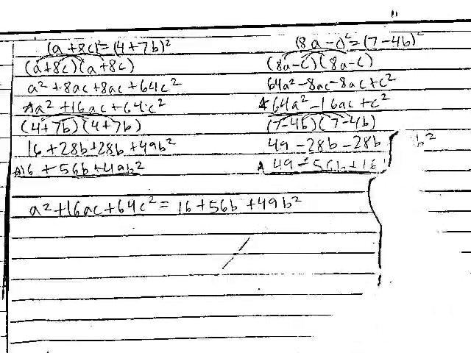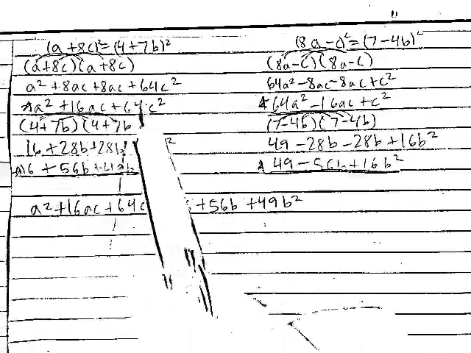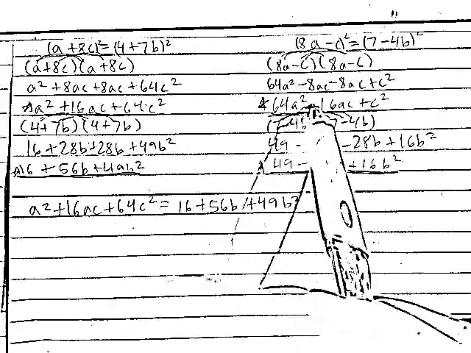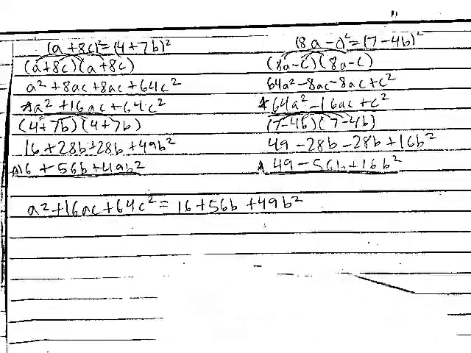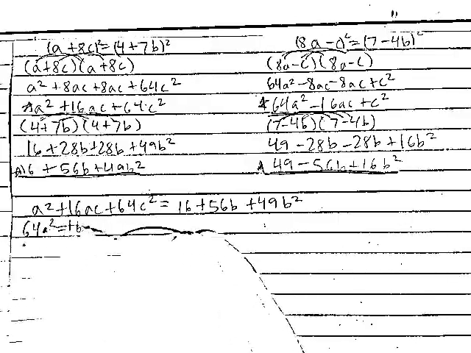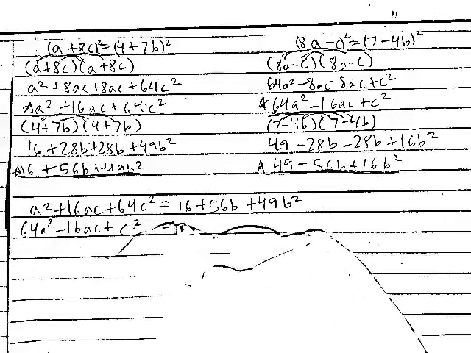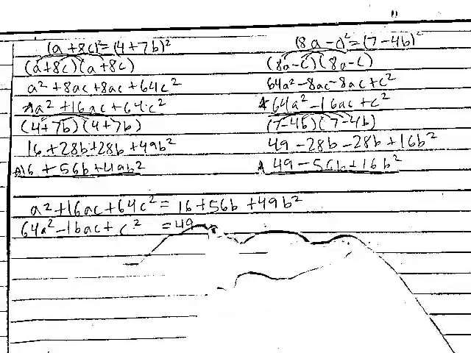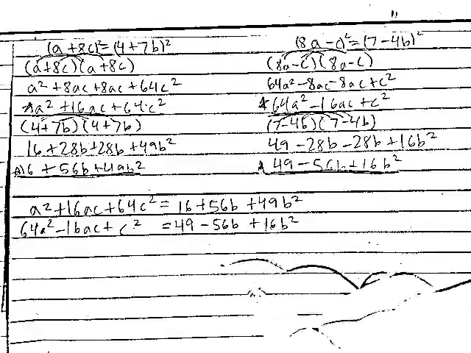Okay, and then we're going to add this equation, which I rewrote, with this equation, which is the same as this, together. So 64a squared minus 16ac plus c squared equals 49 minus 56b plus 16b squared.